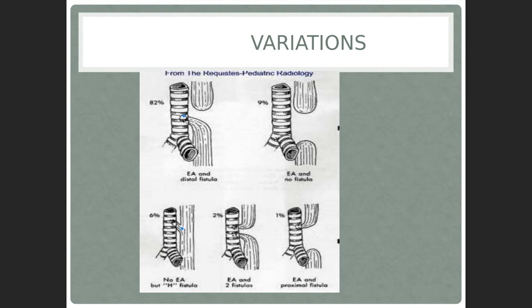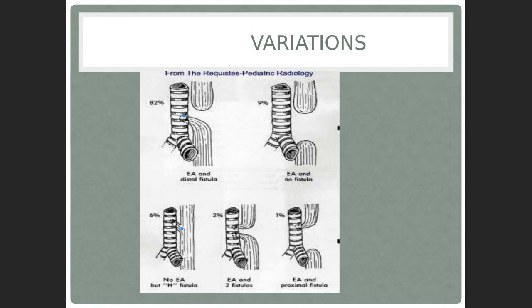Look for this one, where you just have an H-type fistula. It's very rare, but you have to consider it in a child that keeps coming to you with recurrent pneumonia. The child is well otherwise, so what could be causing this? You have to look for other things if the child is not immunocompromised.